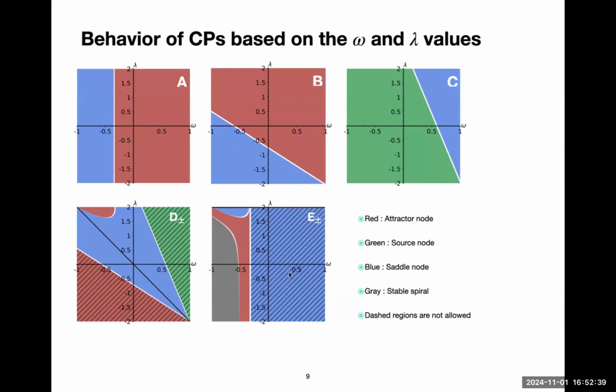And the dashed regions here are the regions that are not allowed, because they either make the eigenvalues of the Jacobian matrix infinite, or they make the dynamical system parameters infinite, or they make the dynamical system parameters complex, which we do not want.